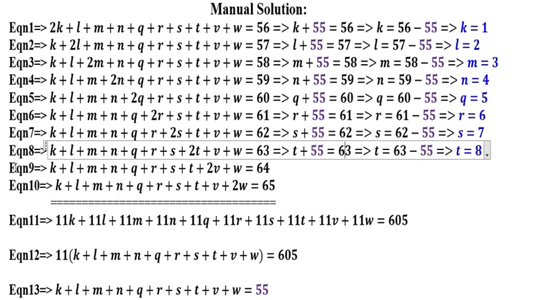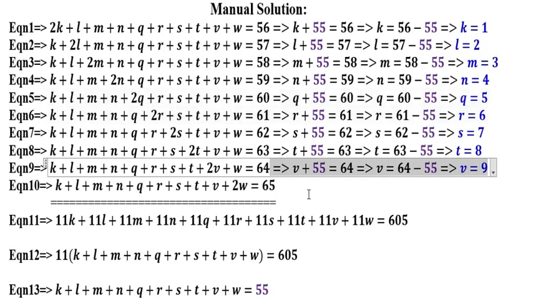Then compare equation 9 to equation 13. They are the same except equation 9 has one extra v. That means equation 9 is v plus 55 and it is equal to 64. That means v is equal to 64 minus 55. That is v equals 9.